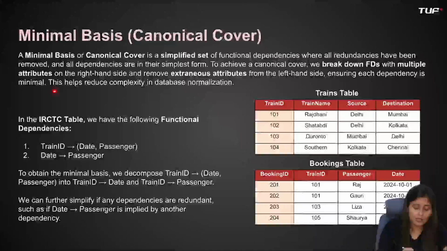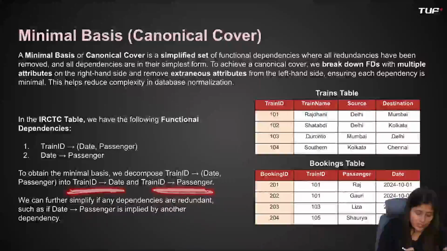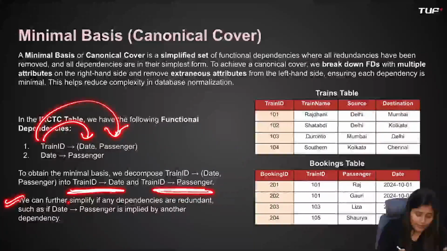These steps reduce the complexity in database normalization. Let's see in the IRCTC table, if we have functional dependencies like train ID determines date and passenger, and date determines passenger. After decomposing, we can say train ID determines date and train ID determines passenger, individually. So here we have simplified it.